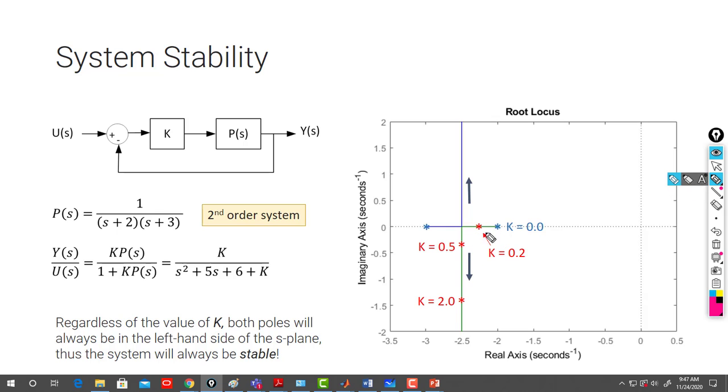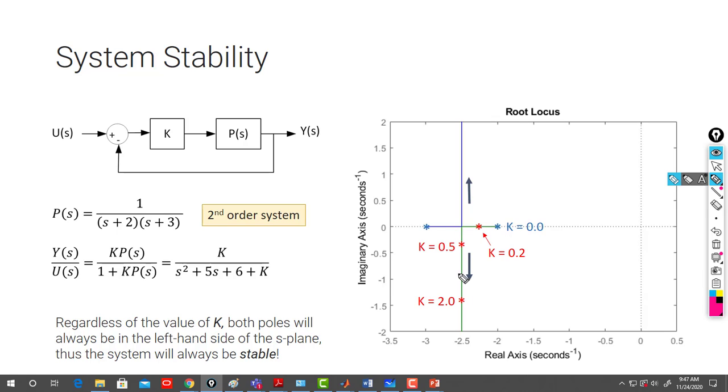Green, that's the first pole starting here and moving on the green line, and the second pole is moving in the blue line. So they meet here and then they move. Maybe I can find a k on which my closed loop poles are at the same location. Of course, you can find this k. And that's how the system behaves.